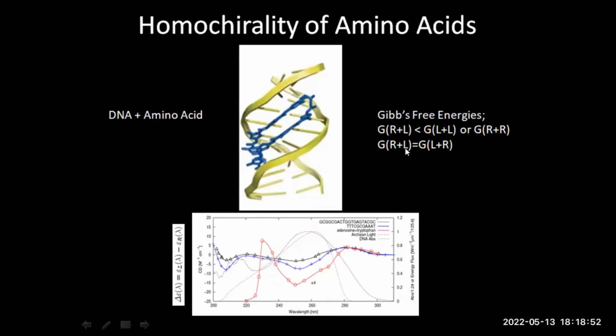And also because when we have right-handed DNA and left-handed amino acids, for example, in the case of tryptophan, which also absorbs light in this region, then we get a much greater difference in this circular dichroism spectrum, meaning that the combination of the amino acid and the DNA, if they're of opposite chirality, causes a greater difference in the absorption of right-handed ultraviolet light in the 260 nanometer region.